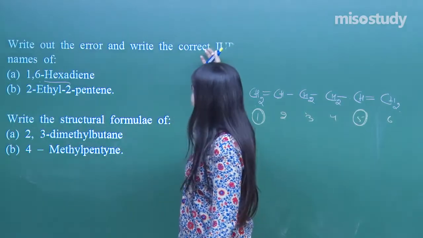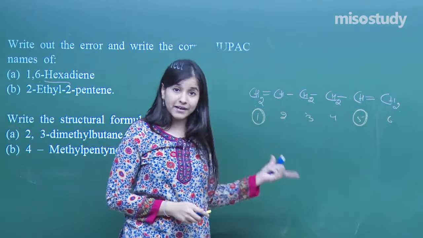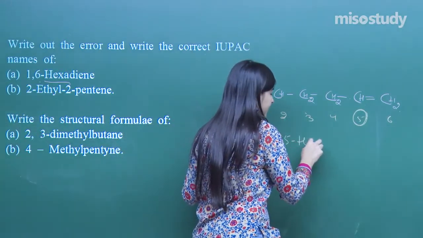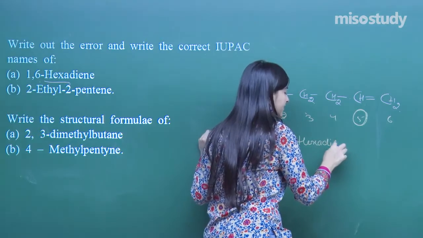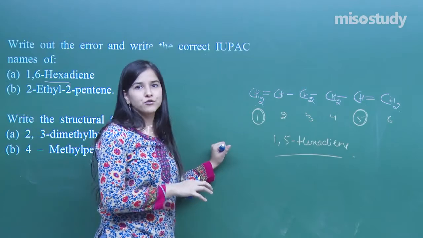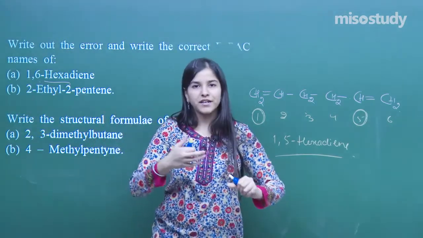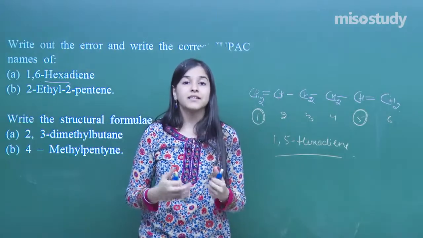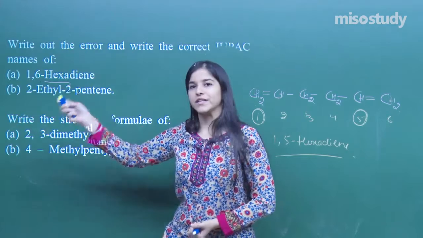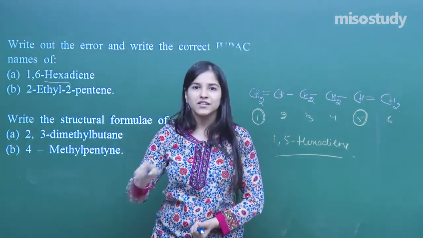That is what the error is, and the correct IUPAC name for this compound will be 1,5-hexadiene. Yes, that is the correction over here. Clear? Some of the students get confused in these types of questions. You do not have to think out of the box, just try to write down what they have already given. Then you will exactly figure out what correction has to be made.